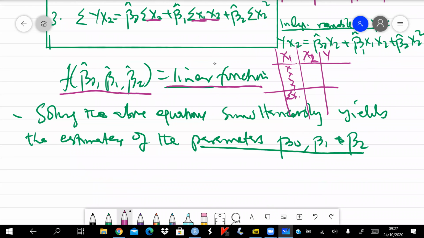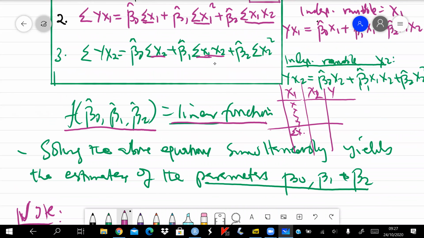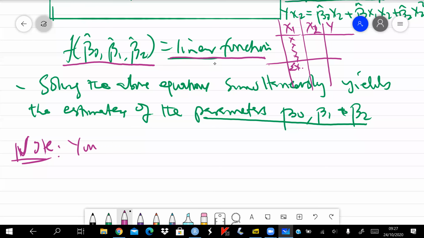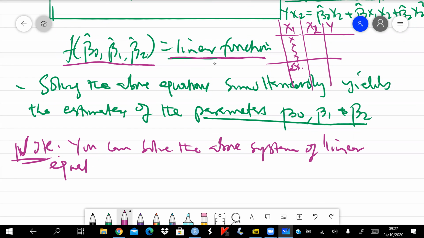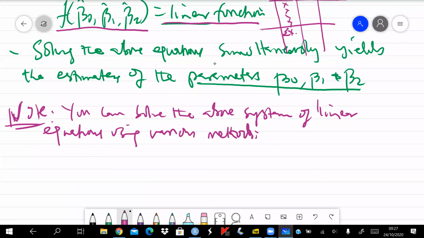Then we note that there are various methods of solving the above system of linear equations. We just list them, but the details, I think you know. You can use the elimination method, the substitution method.